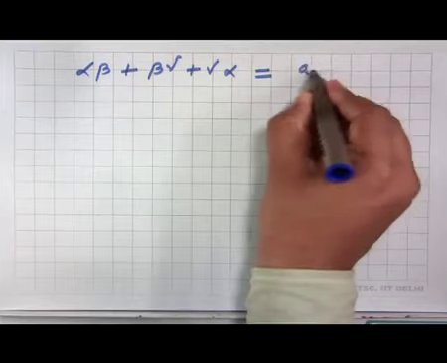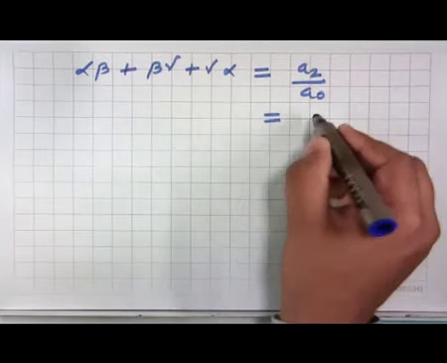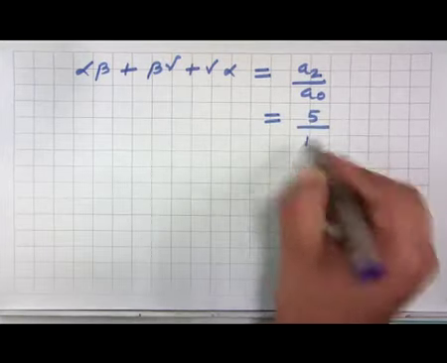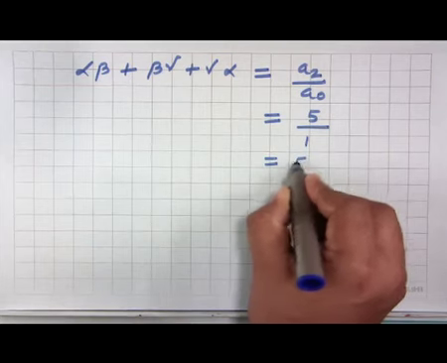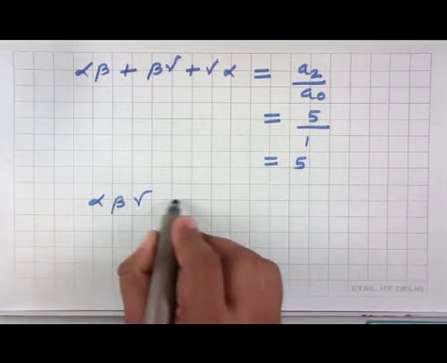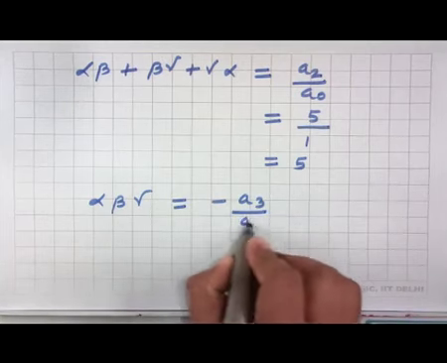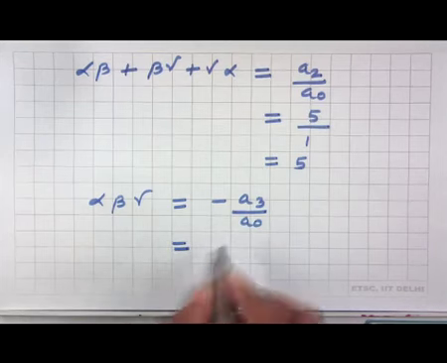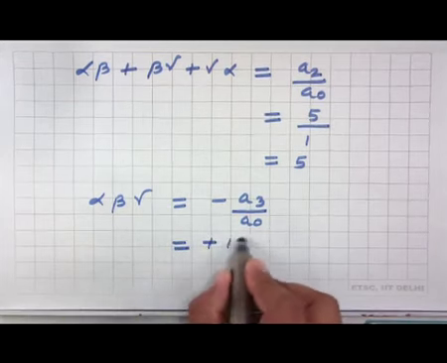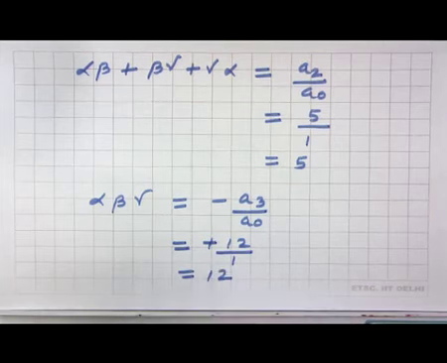It is a2 upon a0. The value of a2 is 5 and a0 is 1, so it will be 5. Now we shall find the value of alpha beta gamma, which is −a3 over a0. The value of a3 is −12, so it will be plus 12 divided by 1. So the product of roots is 12.